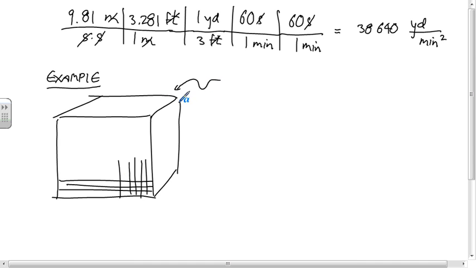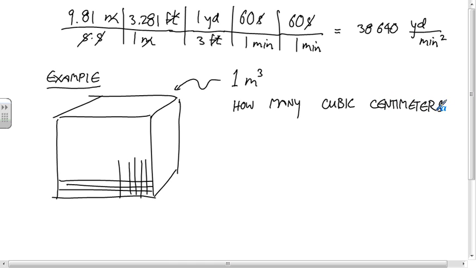So the volume of this big block is 1 cubic meter. How many cubic centimeters does it take to make that big block, given that there are 100 centimeters in 1 meter?